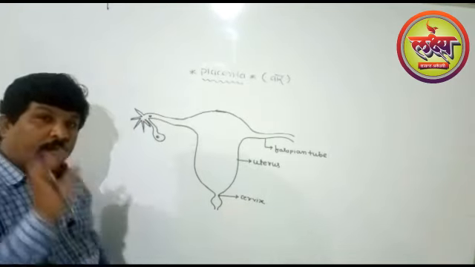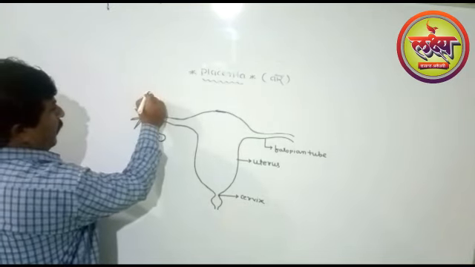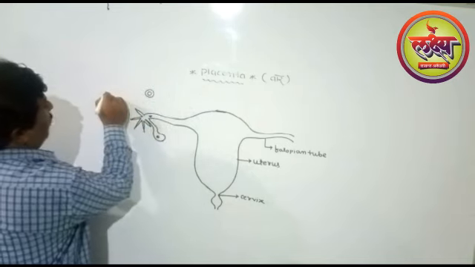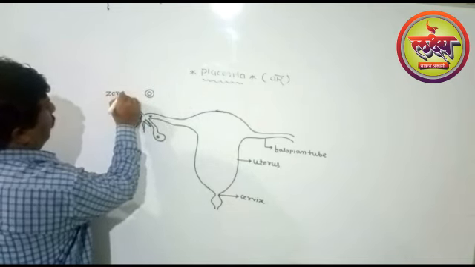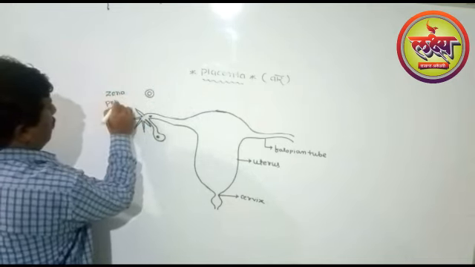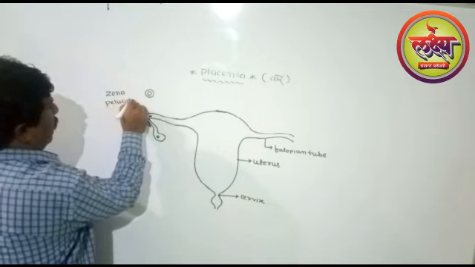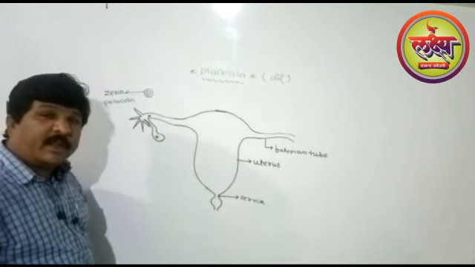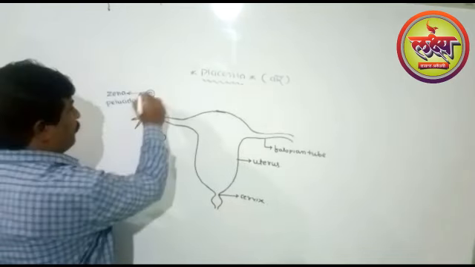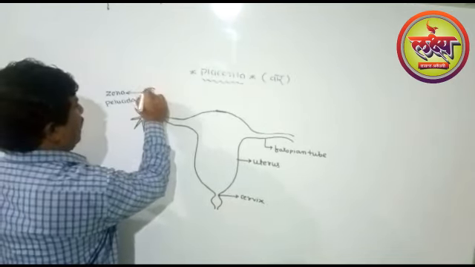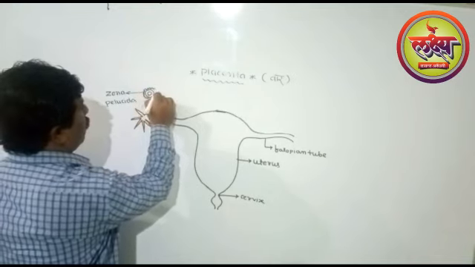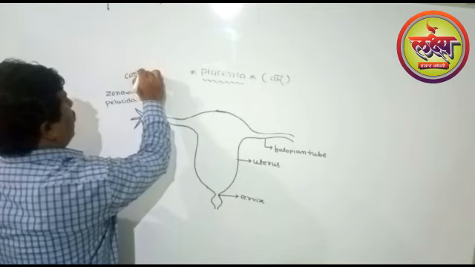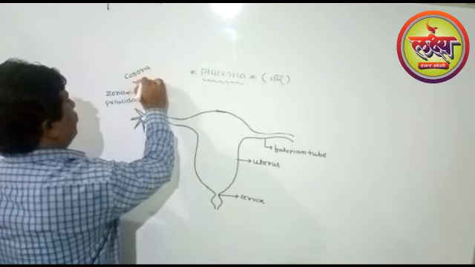Actually, this ovum is externally covered by the zona pellucida, and externally covered by the corona radiata.